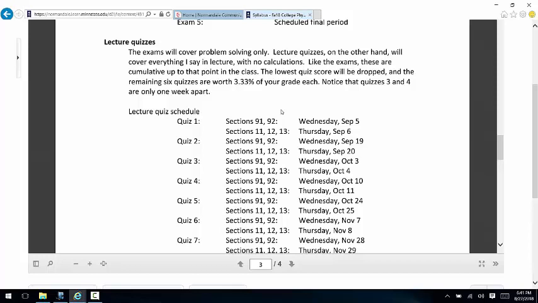So doing well on the lecture quizzes is just really remembering what I said in the class. And the only way to get ready for that is to read the notes, underline stuff, highlight stuff, and try to make a mental note of what seem like the most important ideas.